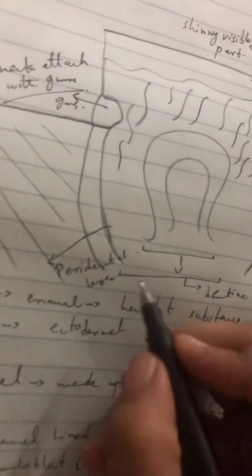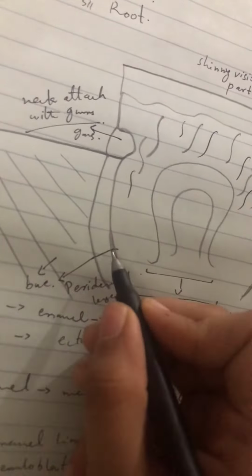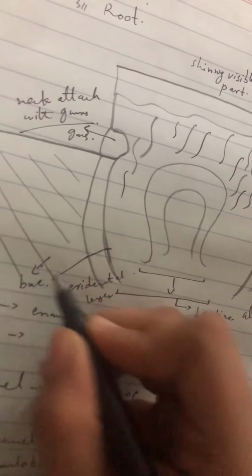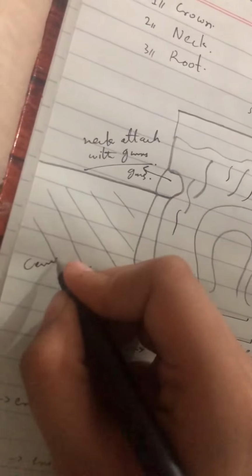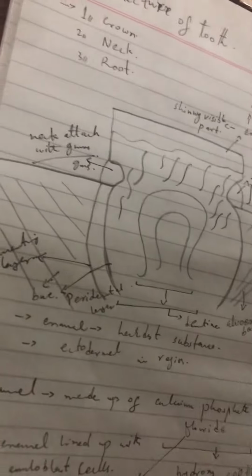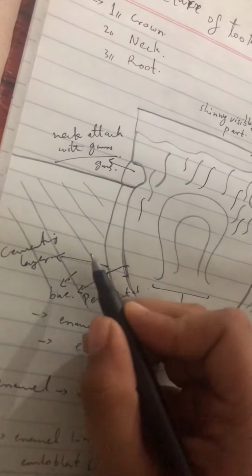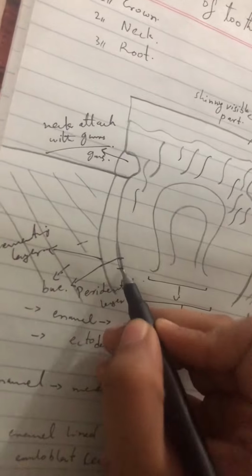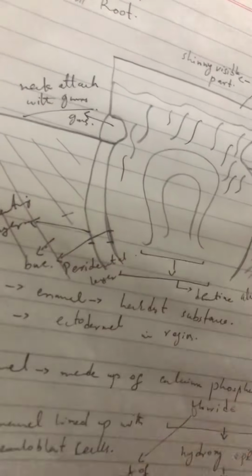Here you will see this is the periodontal membrane and this is the bone, right? So the layer between the periodontal membrane and bone will be called the cementing layer.